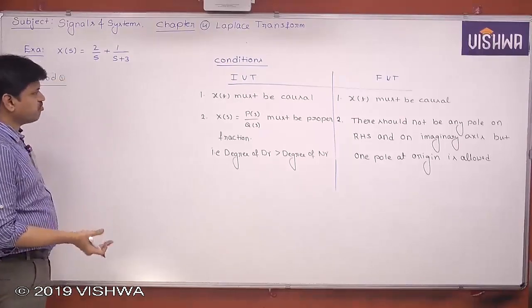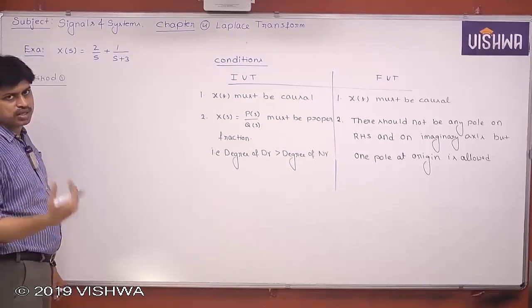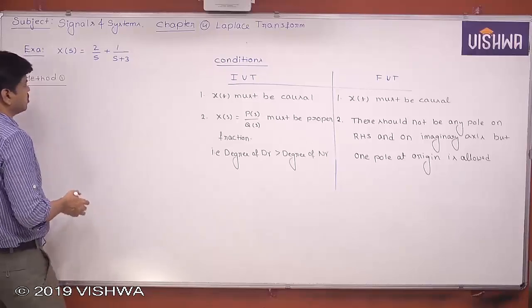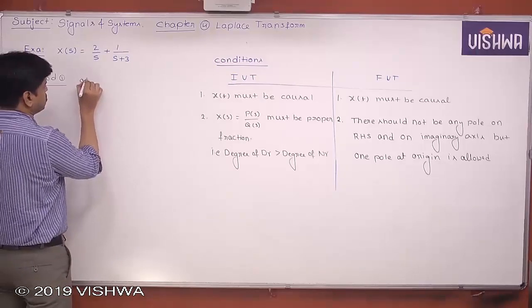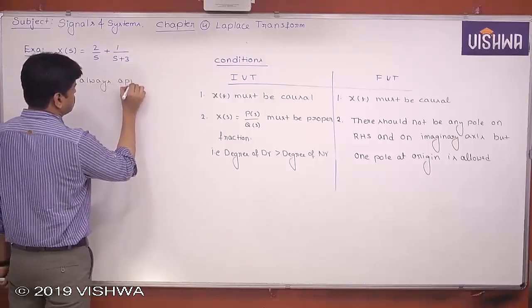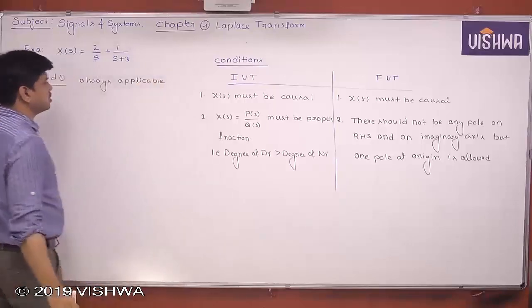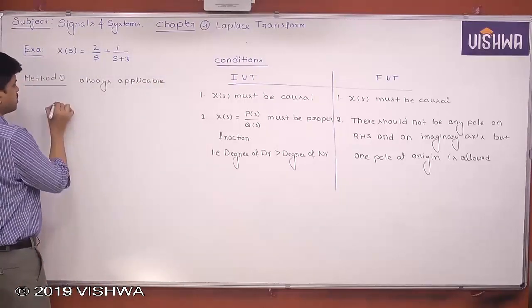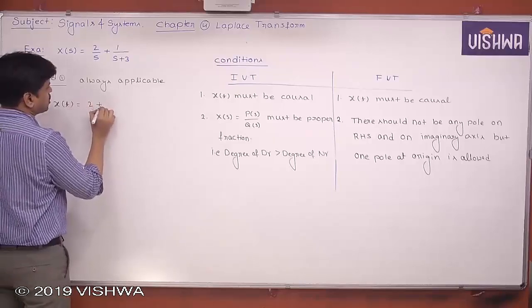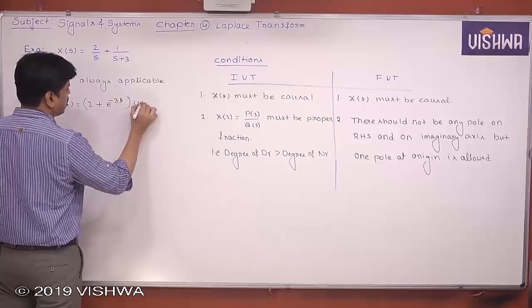What is that method? Find x of t. If you place t equal to 0 plus and t tends to infinity, you can get the initial value and final value directly. So method 1 is always applicable. First find x of t. What is x of t? 2 plus e power minus 3t u of t, because it has to be a causal signal.